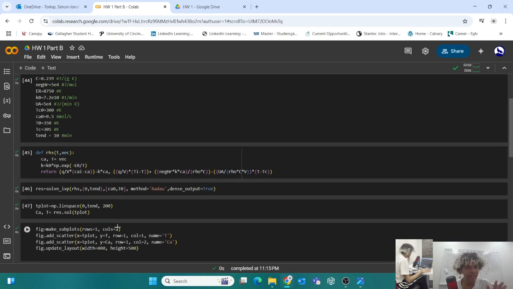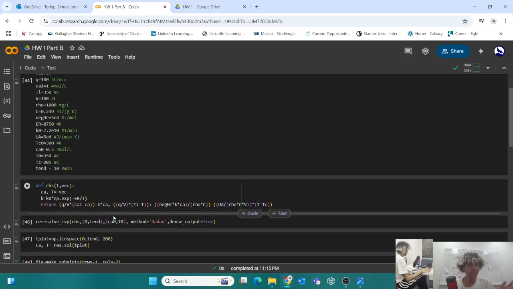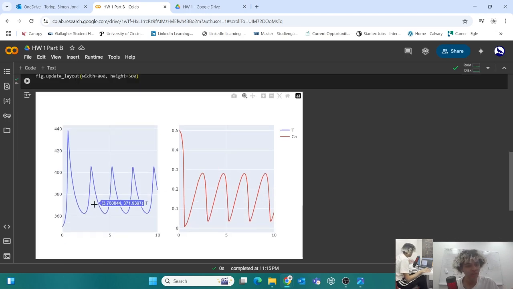Now, some things we can take away from this. Obviously, the main explanation behind why it's doing this type of oscillation is due in part to the fact that we're basically increasing the coolant temperature.